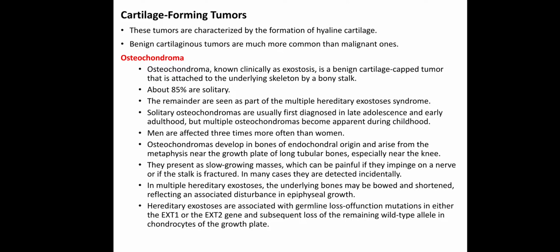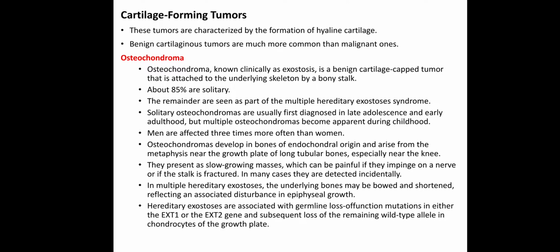Osteochondromas develop in bones of endochondral origin and arise from the metaphyses near the growth plate of long tubular bones, especially near the knee. They present as a slowly growing mass، عكس الأوستيوساركوما كانت rapidly growing mass، which can be painful if they impinge on a nerve. يعني إذا اقتربت من النيرف تكون very painful، and or if the stalk is fractured. بعض الأحيان الساق مال التيومر يصير بيه fracture فيصير very painful.